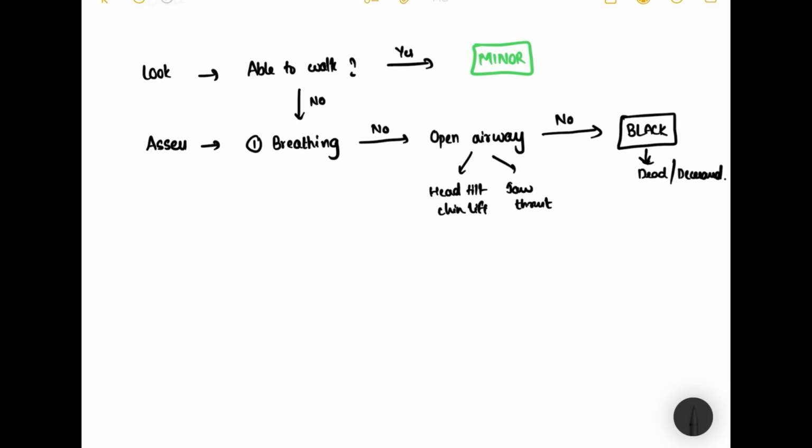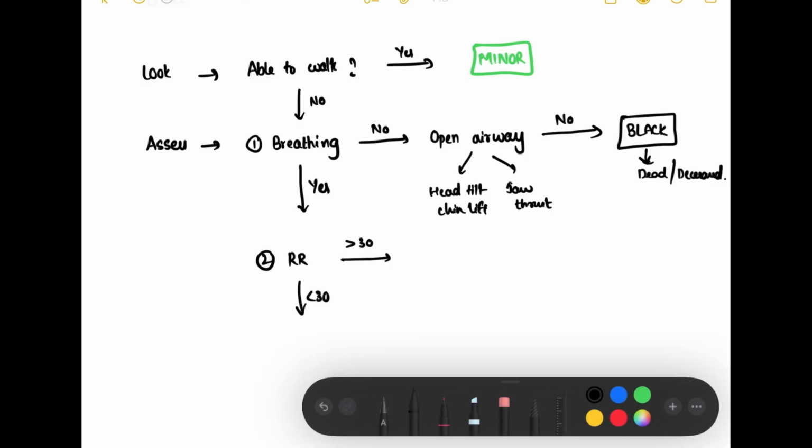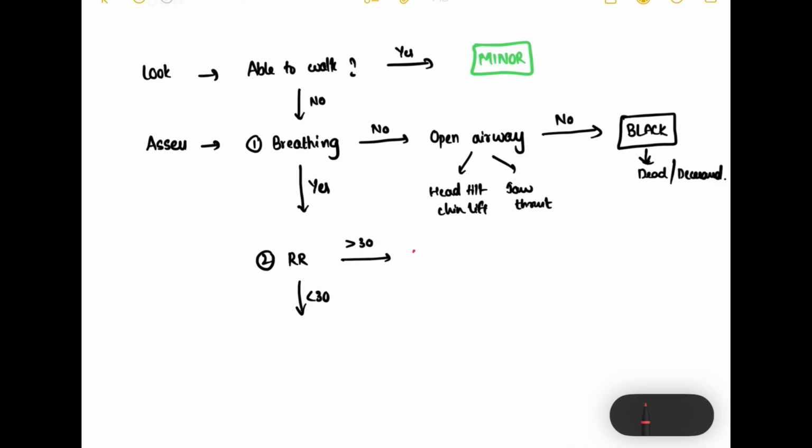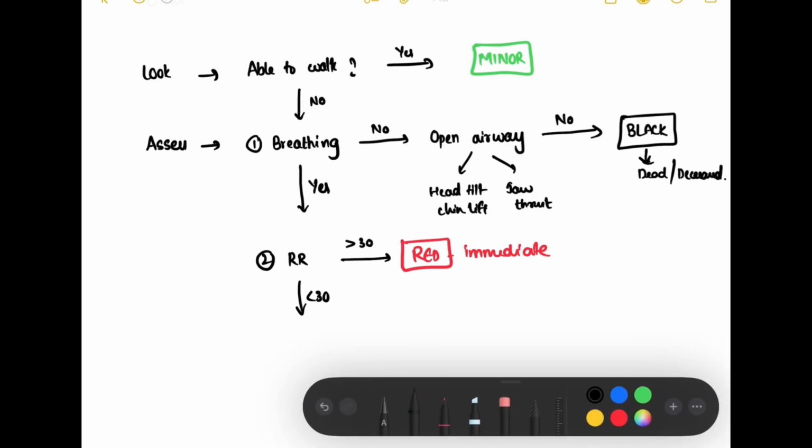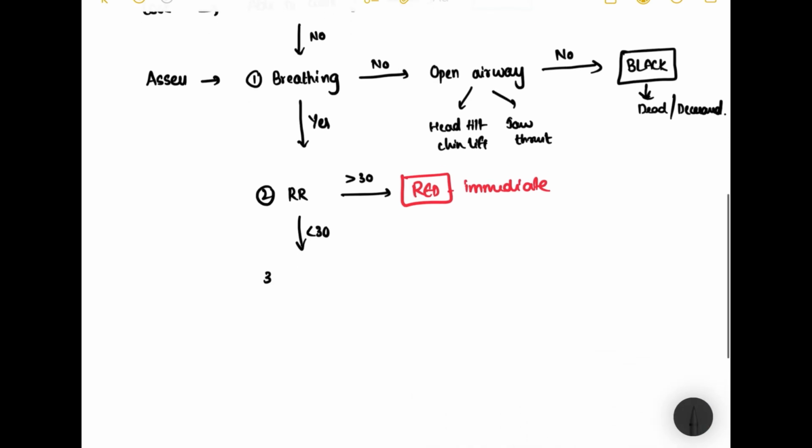So if yes, he is able to breathe, then what should you do? Count his respiratory rate. If it is more than 30, we'll categorize him under red, which is immediate. If the rate is less than 30, if it is a normal respiratory rate, then what are you going to see?